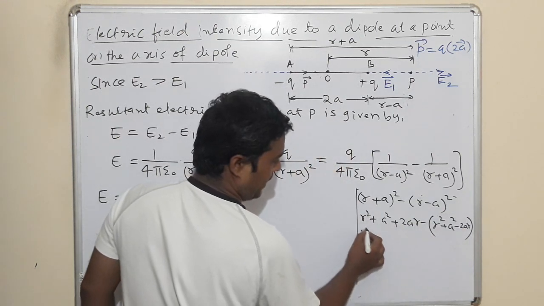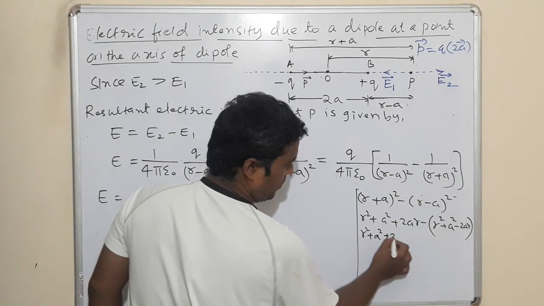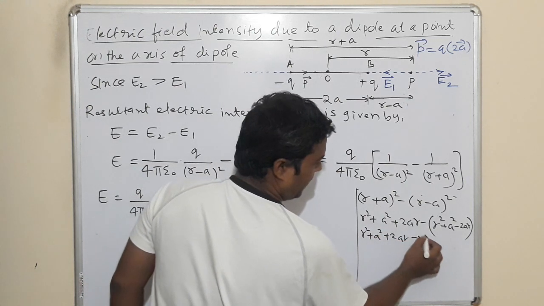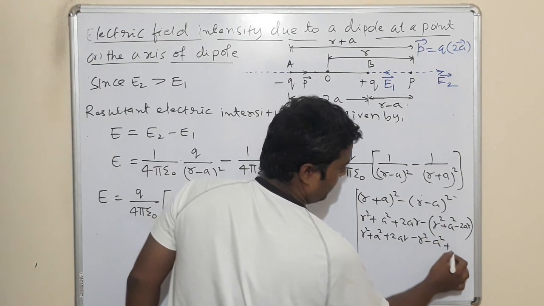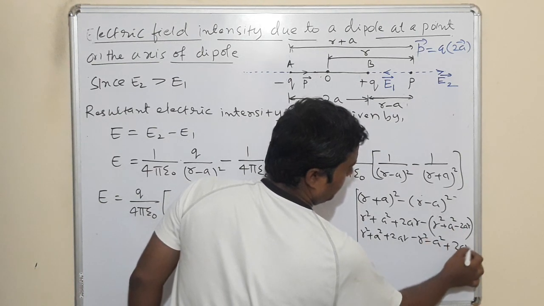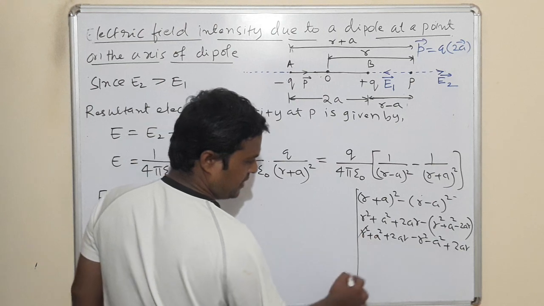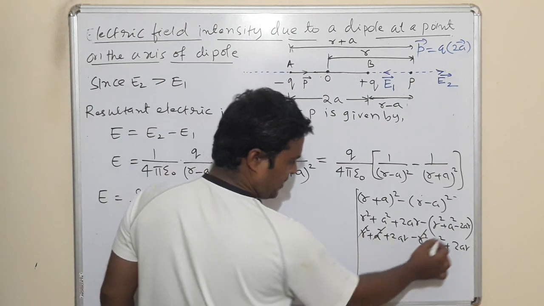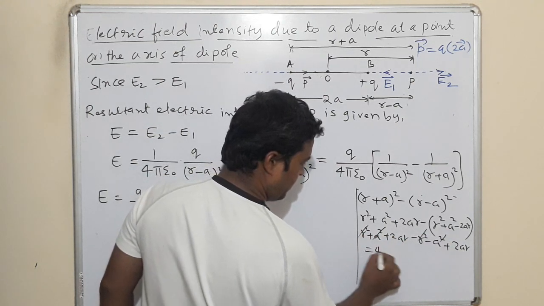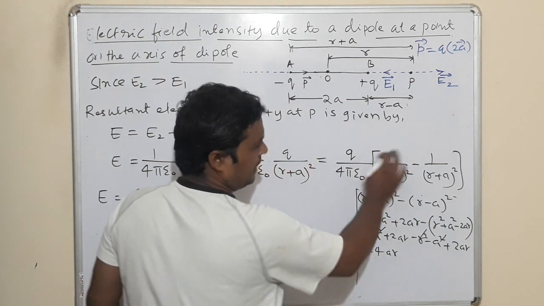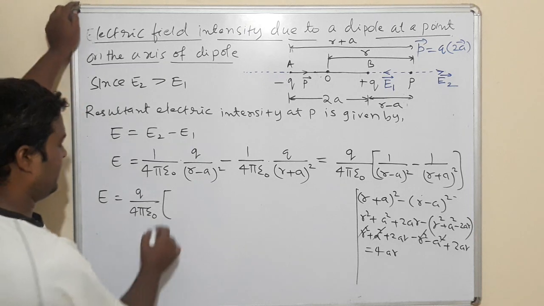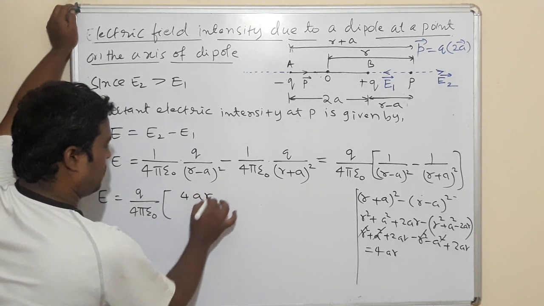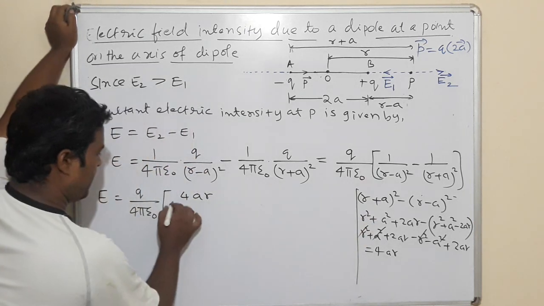Then if you open the bracket, this will be r square plus a square plus 2ar minus r square minus a square, minus into minus plus, so this will be 2ar, this plus 2ar. r square minus r square, and a square minus a square cancel. This comes to be 4ar in the numerator. Followed this? See, this is 4ar, whatever calculation is there I have done here.